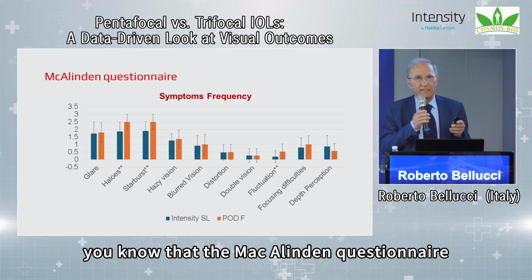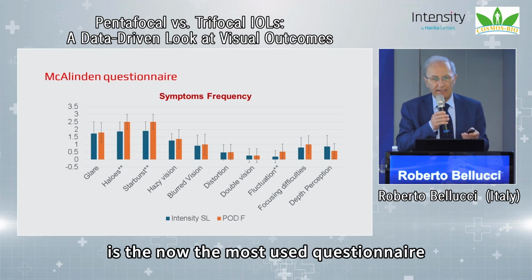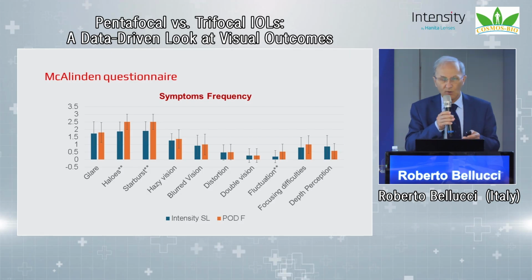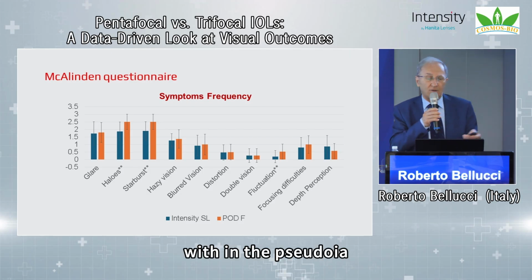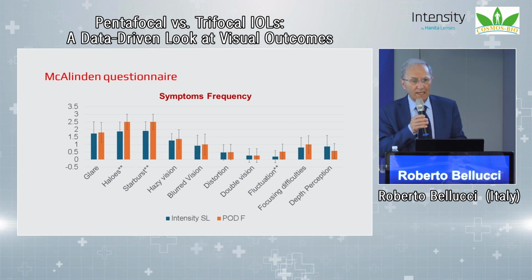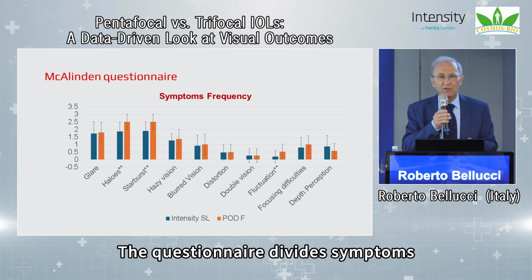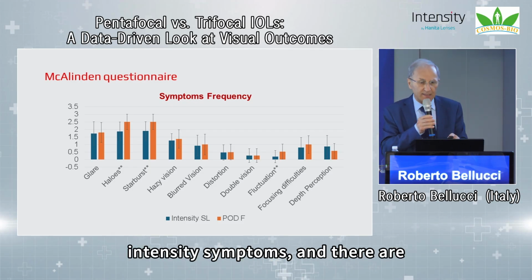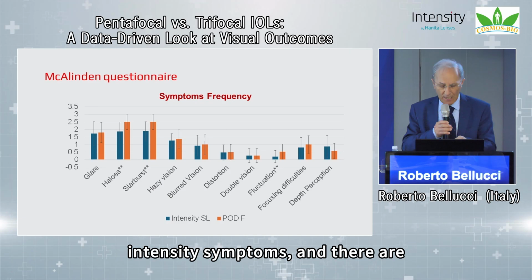You know that the McAlinden questionnaire is now the most used questionnaire to investigate symptoms in pseudophakia or visual symptoms in general. The questionnaire divides symptoms into frequency, intensity, and bother.